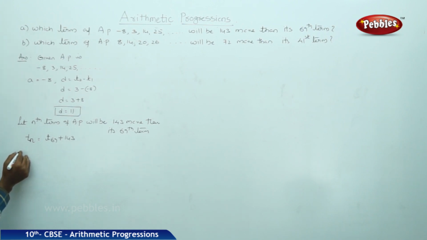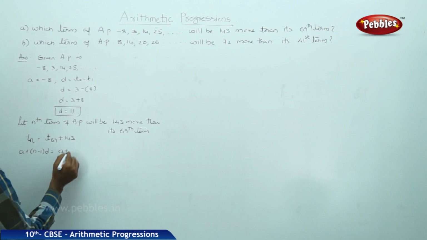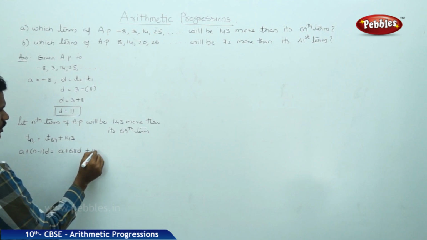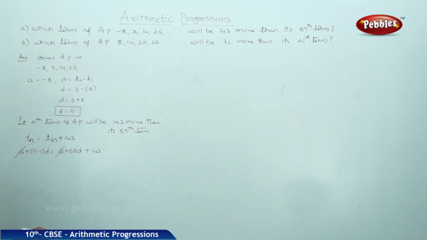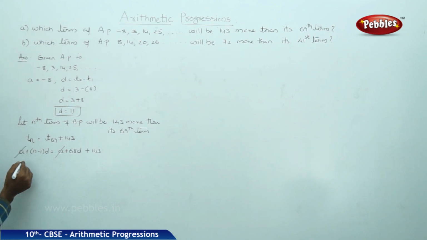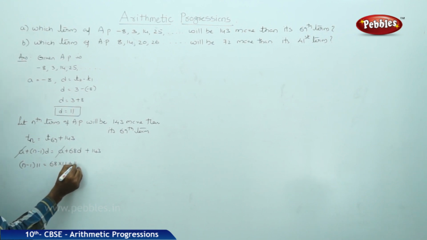That is, Tn, A plus n minus 1 into D, is equal to T69, which is A plus 68D, plus 143. Both sides, the A value gets cancelled. T69 formula is A plus 68D. Now n minus 1 into D, the D value is 11, is equal to 68 into 11 plus 143.